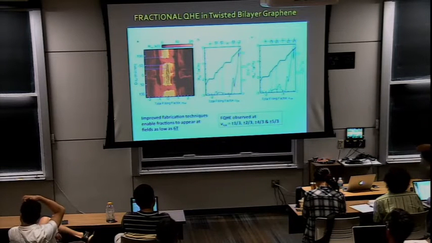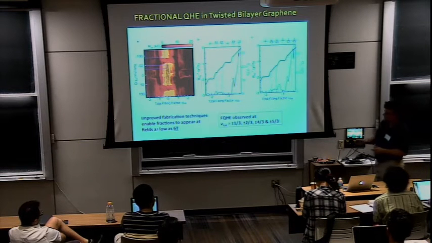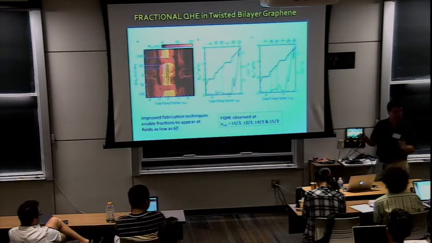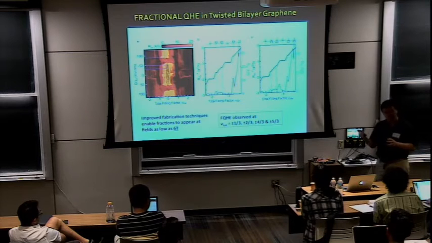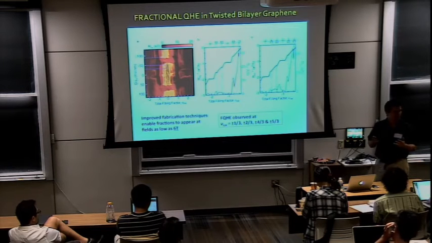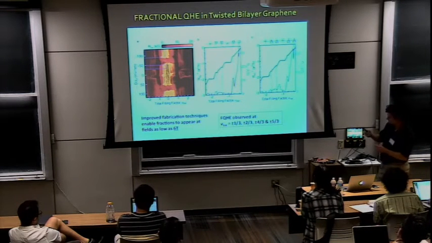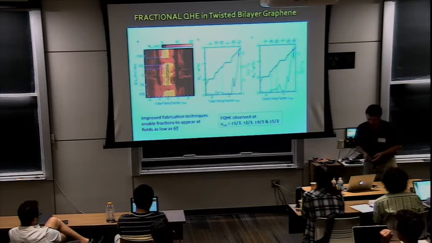Now we are trying to work harder to get even higher quality samples. But this 6 Tesla is already compatible with many superconductors. So in principle, we're entering the regime where we can try to put fractions and superconductors together and perhaps explore some of that exotic physics that you have calculated and predicted.